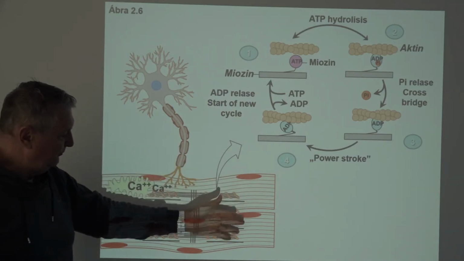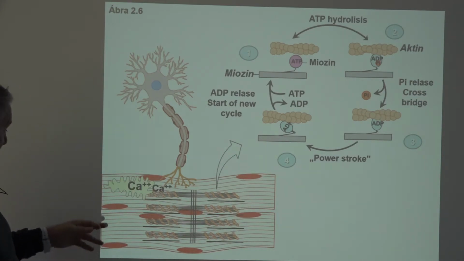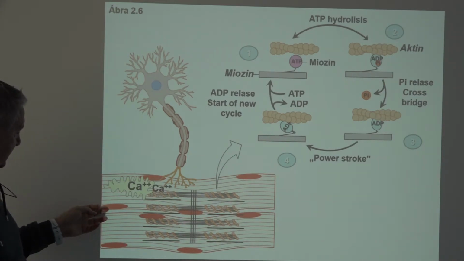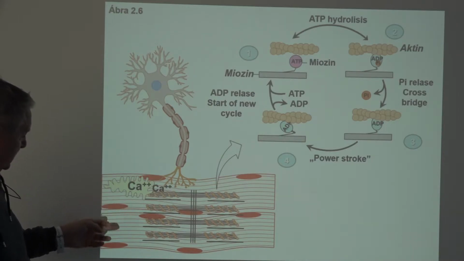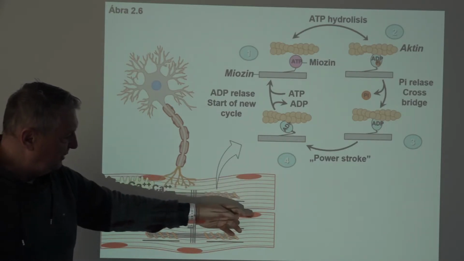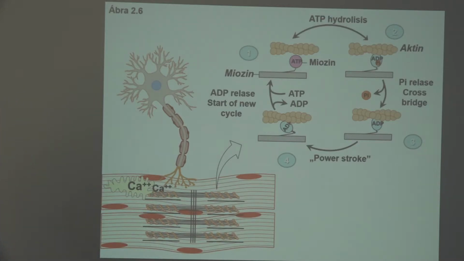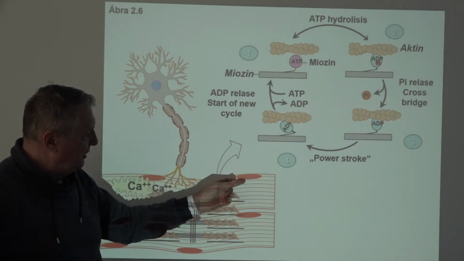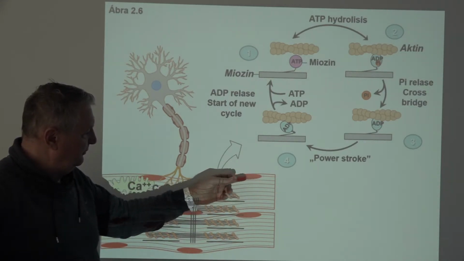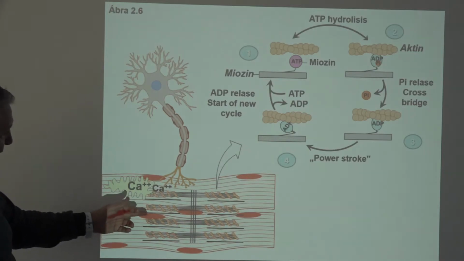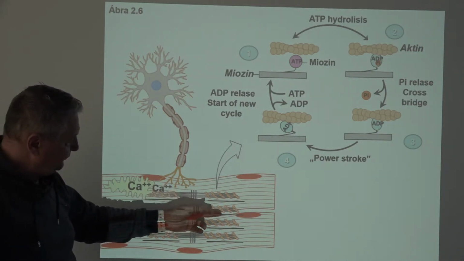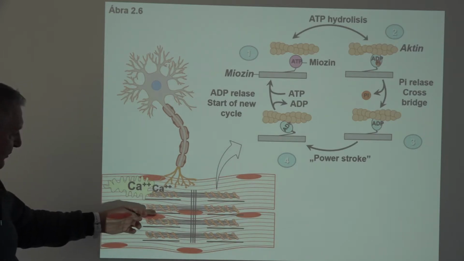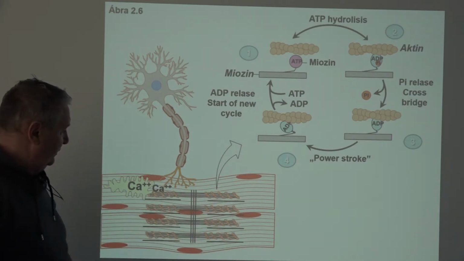Here in the muscle, you can see reddish, brownish ovals. These are mitochondria, and in the skeletal muscle we have two kinds of mitochondria. We have mitochondria which are located near the membrane, called subsarcolemmal mitochondria, and we have mitochondria located between the filaments, the intermyofibrillar mitochondria.